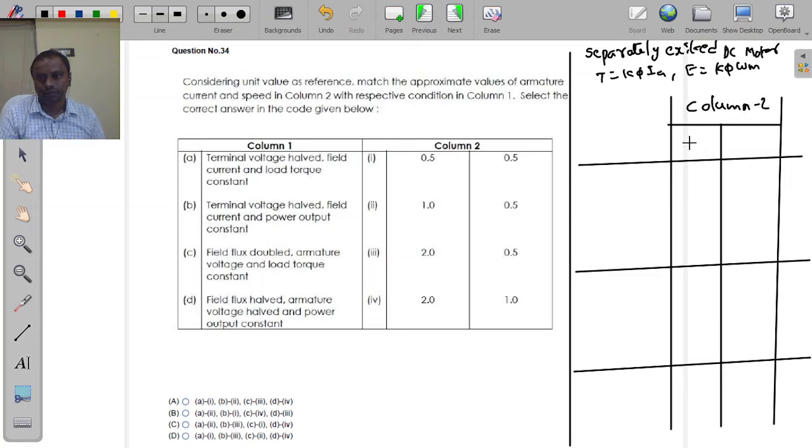Column 2 has the armature current and the speed, and this is column 1.